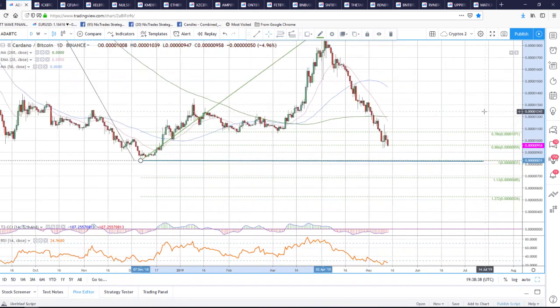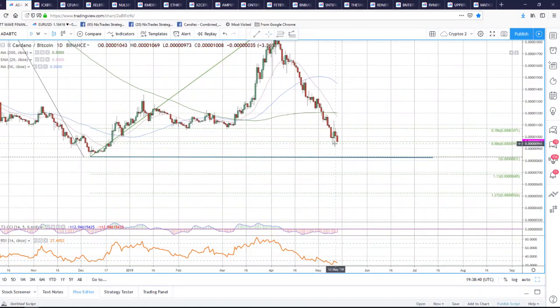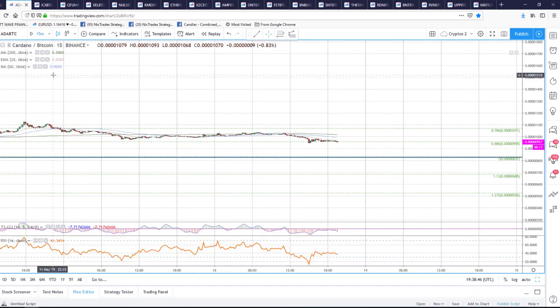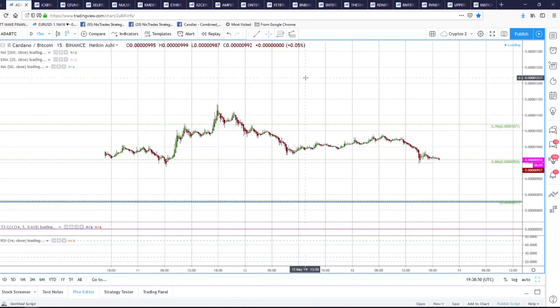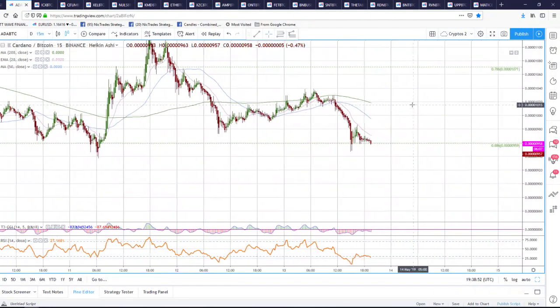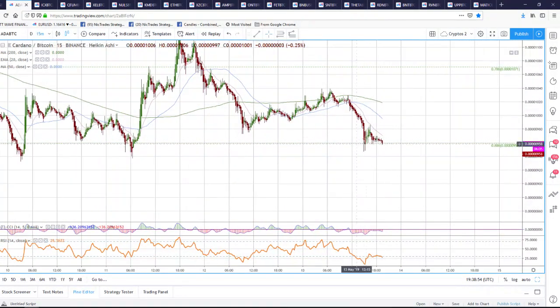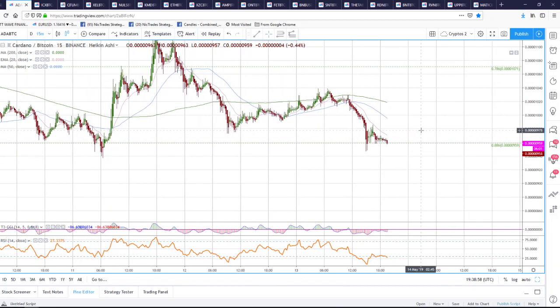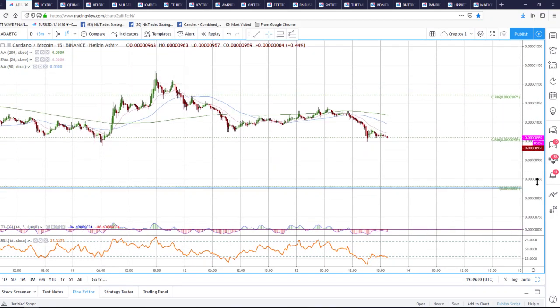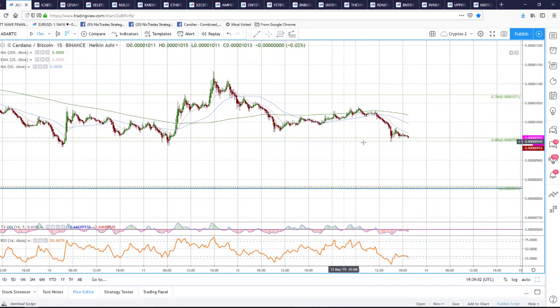At the moment, 959 is where we're sitting and retesting, and maybe we could hold it here. But if we go down and look at it on a 15 minute, to see what we're doing today, this price action is not very inspiring, is it? It looks like we're going to carry on lower. So we have to wait for a retest of the lows in ADA Bitcoin for ADA to start outperforming Bitcoin.